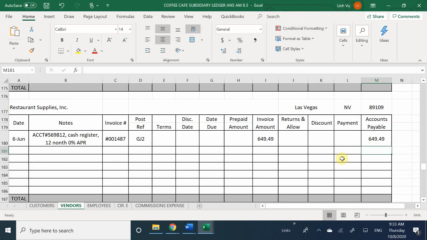Yeah, on the terms, is that equivalent to the 12-month agreement that's indicated in there? The terms there, isn't it supposed to be the 12 months? It's like an installment, 12 months. I mean, because terms means you get a discount if you pay within X amount of time, right?